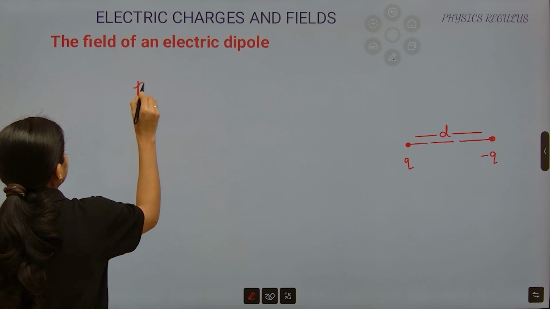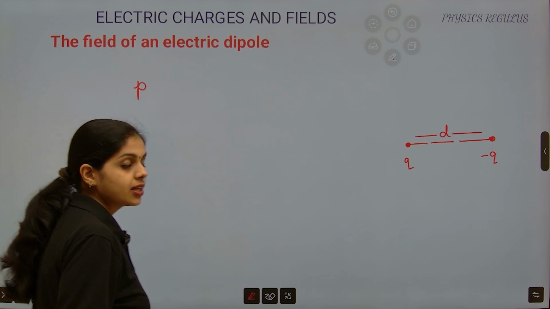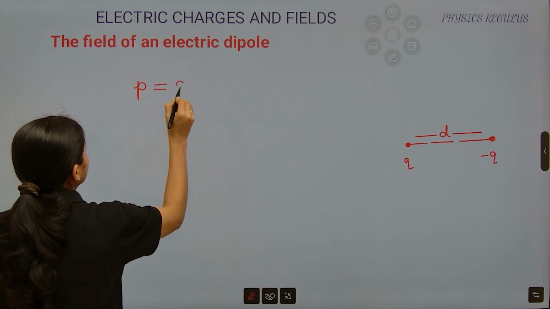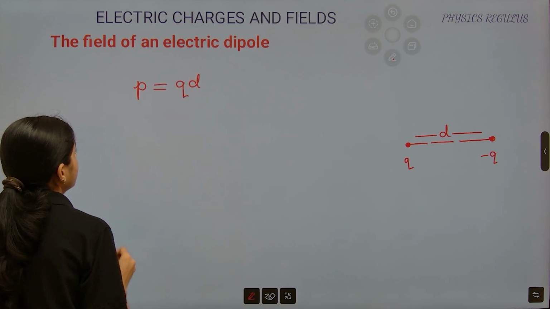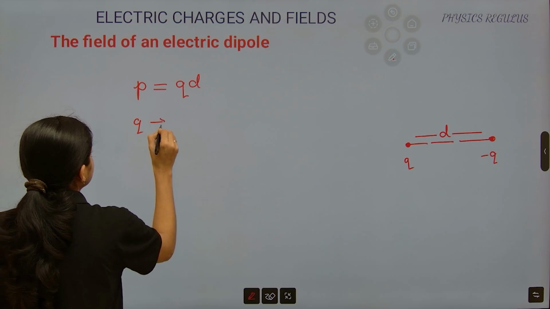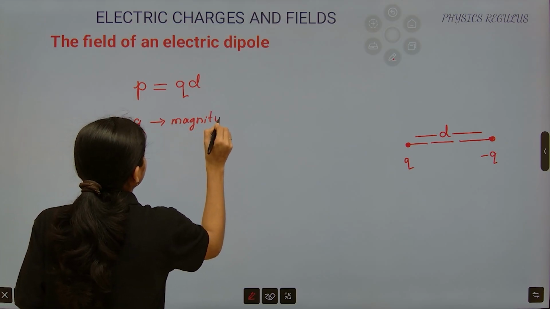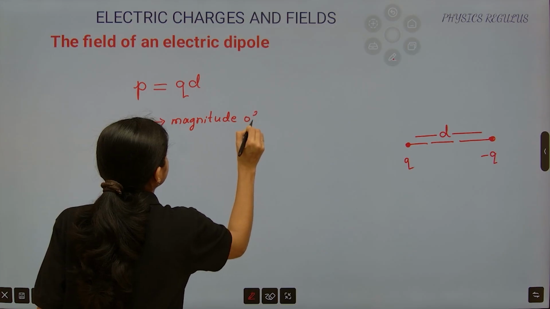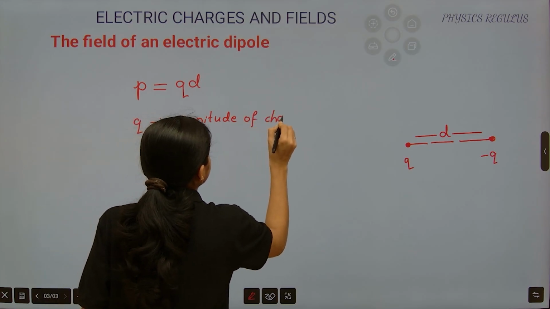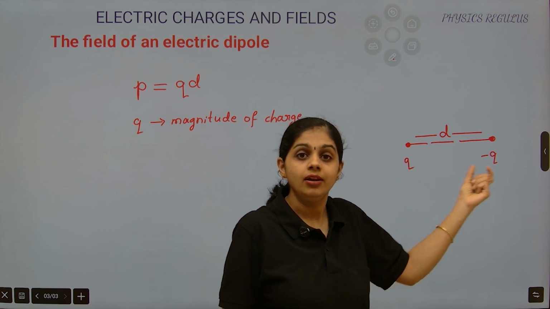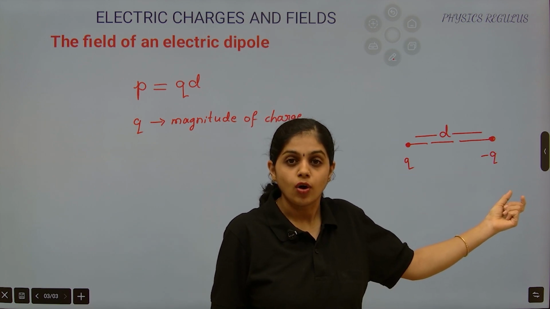Electric dipole moment is represented by small p and is given by q into d, where q is the magnitude of either charge, because there will be equal and opposite charges.